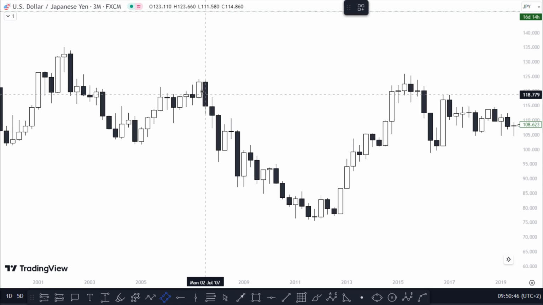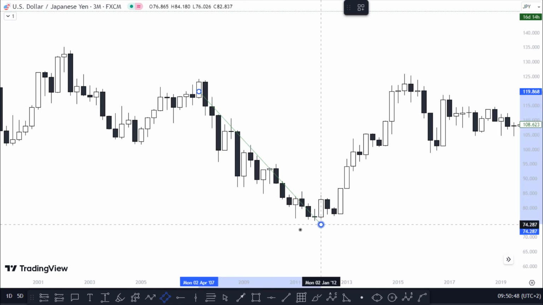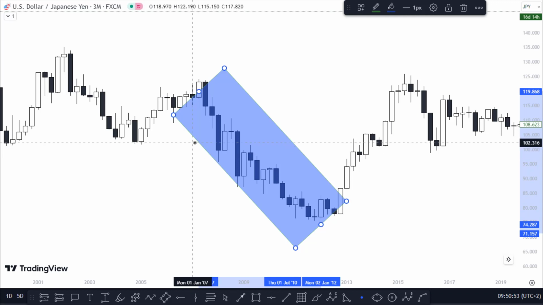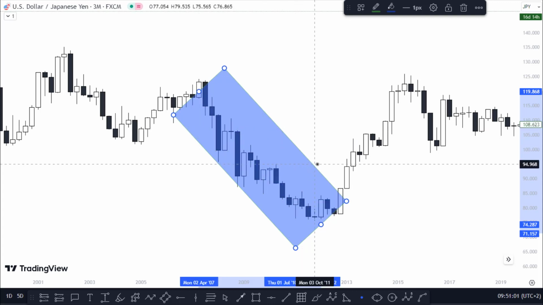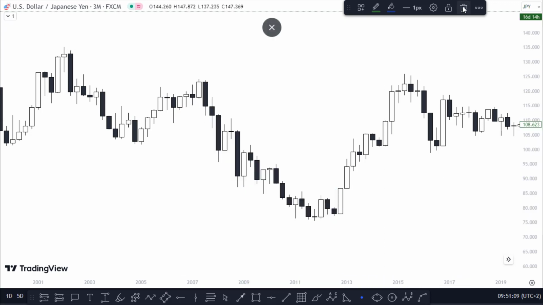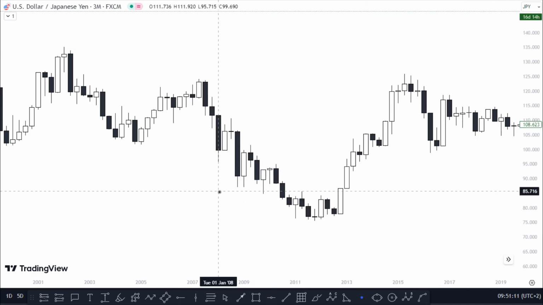For example, if you want to study this movement alone, this downtrend you have here, it's been going down since 2007 all the way to 2011. You see, almost 4 years. You understand? So this is your trend.